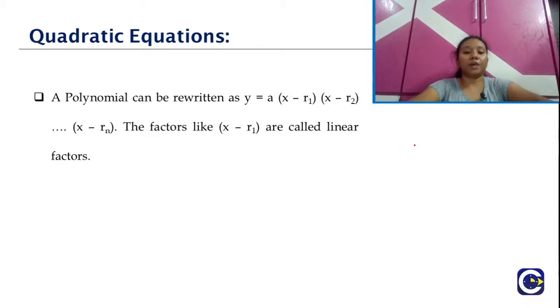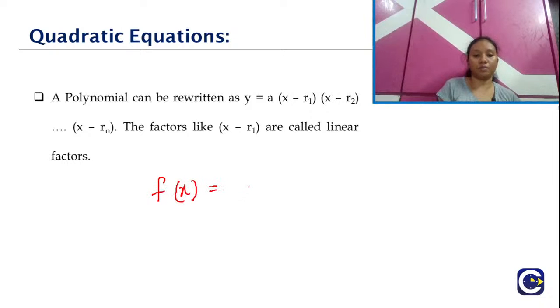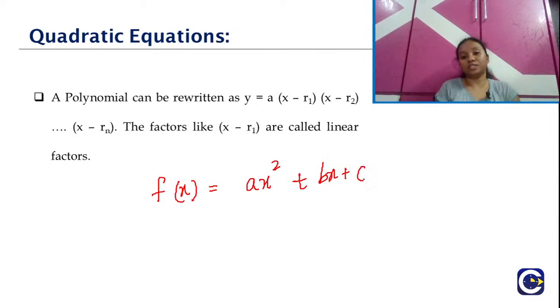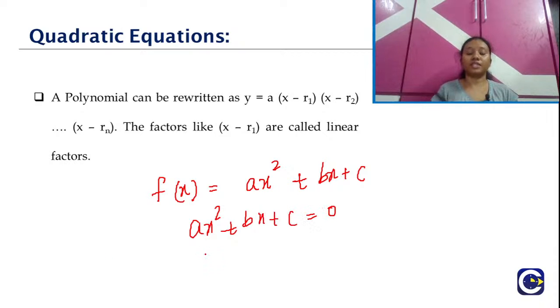So if a polynomial is given, as we have seen the solution, how will we find the solution? Suppose I have a quadratic polynomial ax square plus bx plus c, that is ax square plus bx plus c equal to 0. This is my quadratic equation, right? What will be my solution? Suppose R1 is a solution.